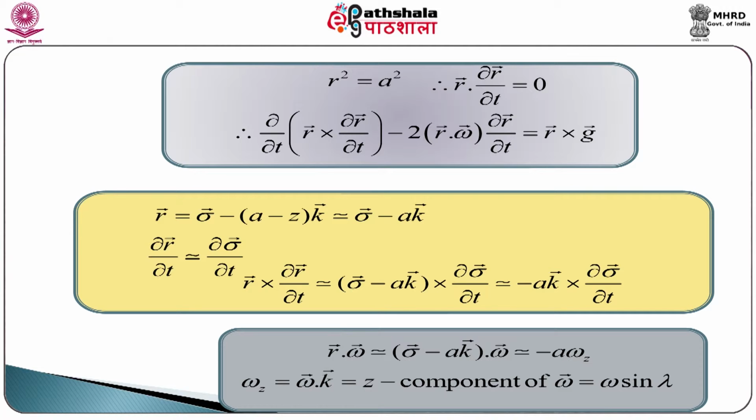Using this in the previous equation, we get del t of r vector cross del r vector del t minus 2 into r vector dot omega vector into del r vector del t equal to r vector cross g vector. Here dot indicates that we are considering scalar product, whereas cross indicates that we are considering the vector product of two vector quantities.